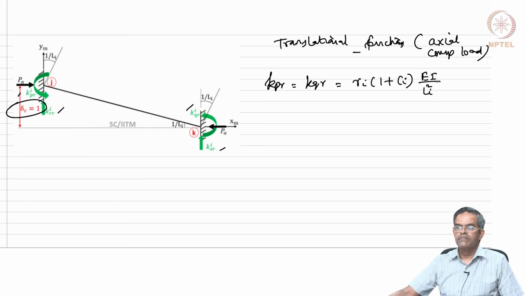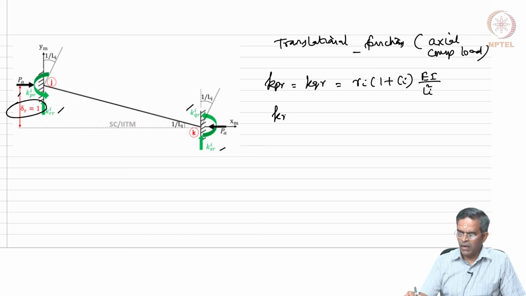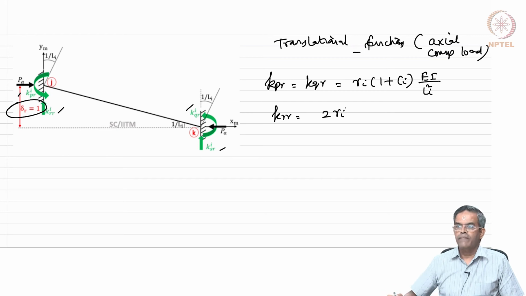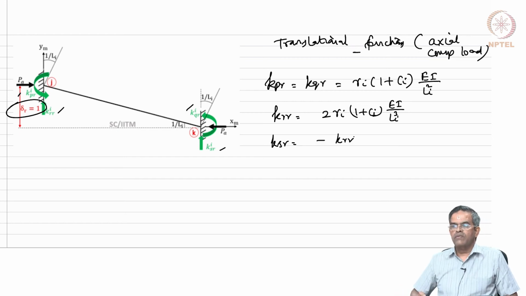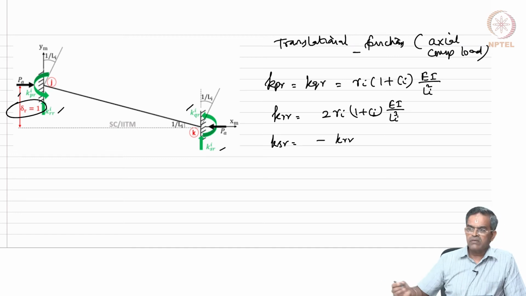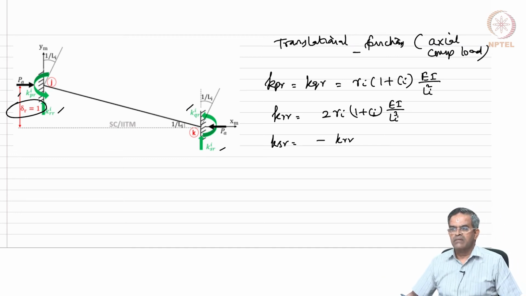Okay. And KRR is 2 Ri 1 plus Ci of EI by LI cube, and KSR is minus of KRR. This is what we derived. Am I right? We wanted to express this as a function of translational constant.